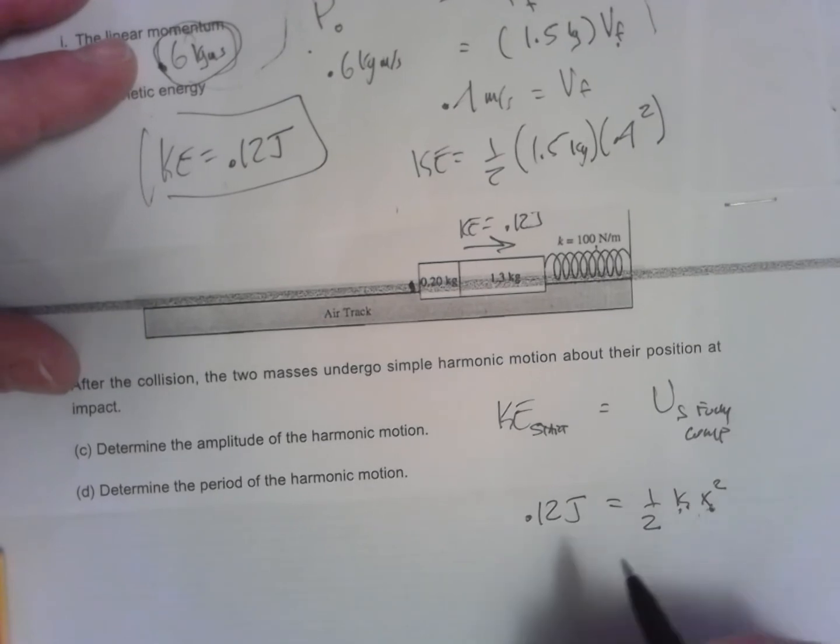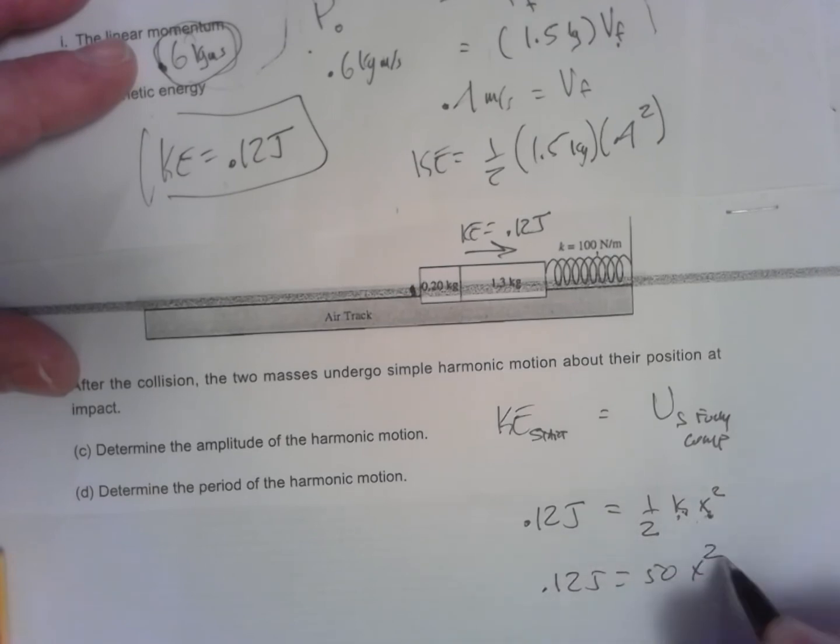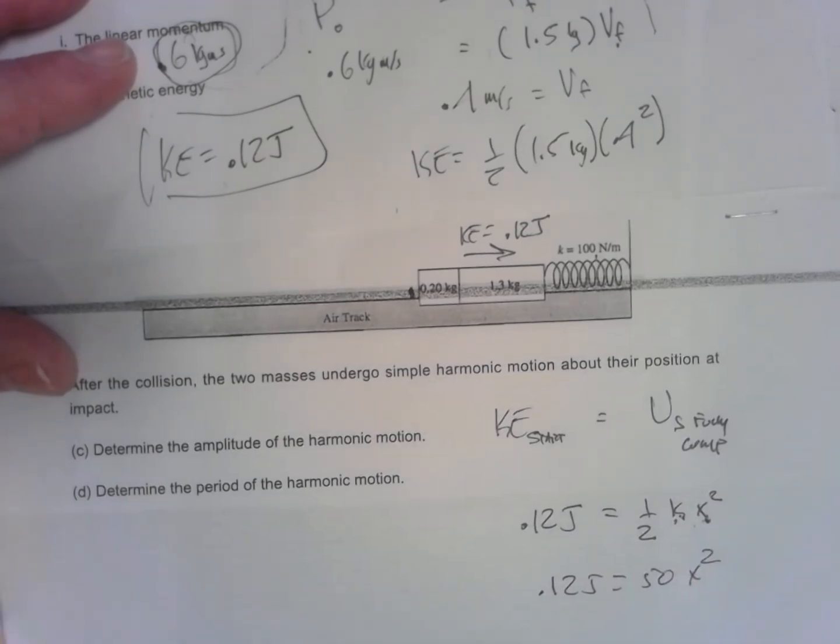So let's see, half of 100, so 0.12 joules equals 50 times x squared. So 0.12 divided by 50, and then take the square root. 0.049.